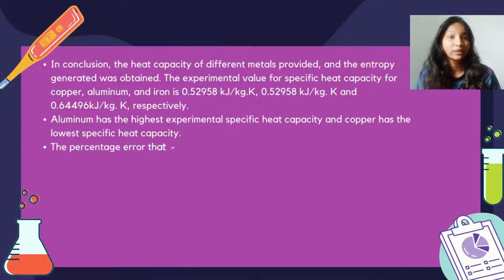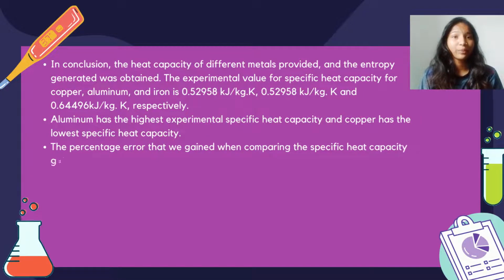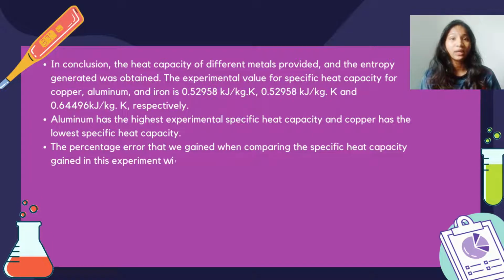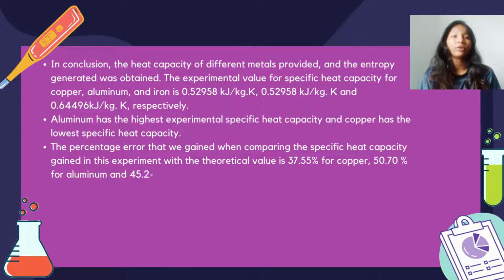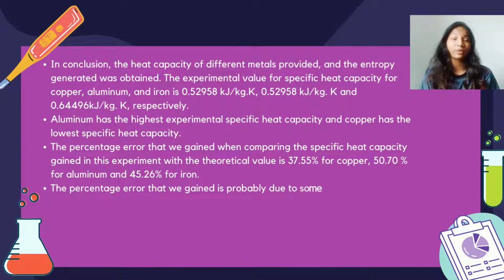The percentage error that we obtained when comparing the specific heat capacity in this experiment with the theoretical value is 37.5% for copper, 50.7% for aluminium, and 45.26% for iron. The percentage error is probably due to some errors that were made during the experiment.